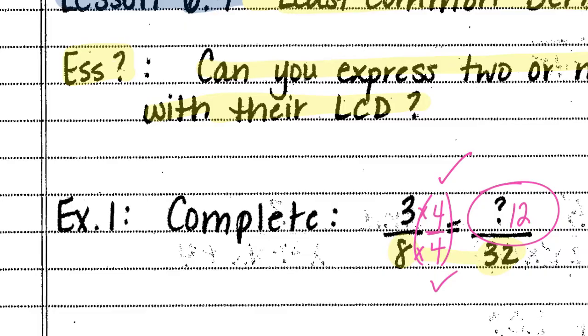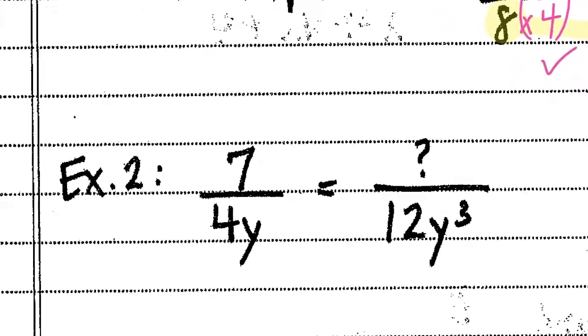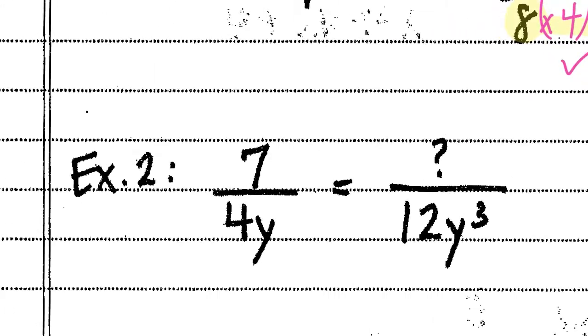Now, it's going to get a little bit tougher as we move to numbers with variables. My question again is, what do I have to multiply 4y by to get to 12y cubed? Well, I know I have to multiply it by a 3. And how many more y's do I need to get from 1y to 3y?